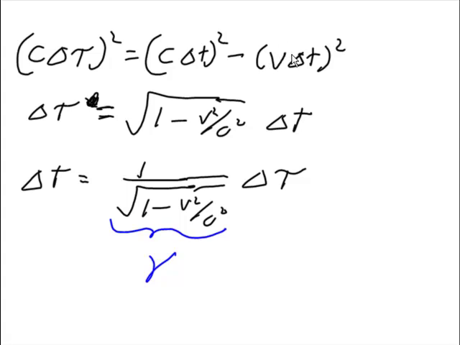But if v were bigger than c, then this right-hand side here would be negative, which means that the proper time squared would be negative, and the time difference itself would be imaginary. Now, we don't have any good meaning for an imaginary time difference. Rather, what this tells us is that this speed v can never be greater than the speed of light.